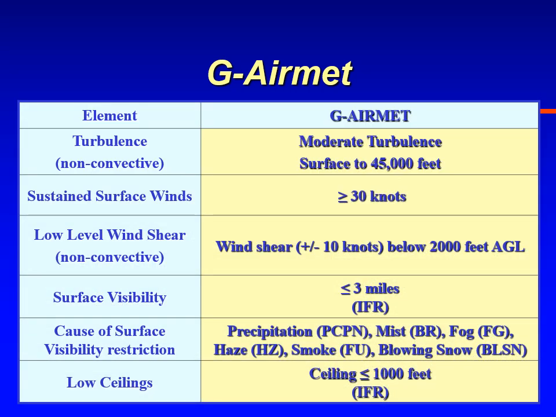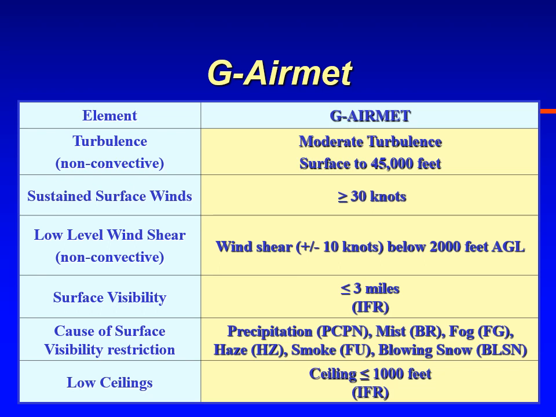So here are the elements that are included, or the criteria for graphical airmets. Of course, it covers moderate turbulence from the surface to 45, surface sustained winds of more than 30 knots, low level wind shear, which is plus or minus 10 knots of change below 2,000 feet.